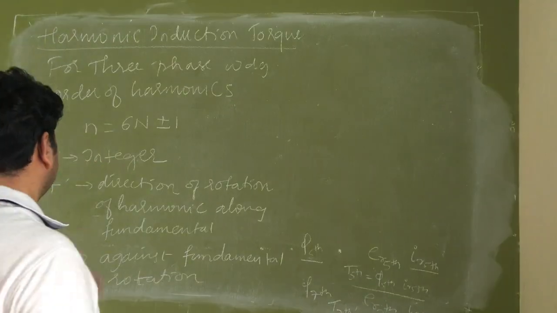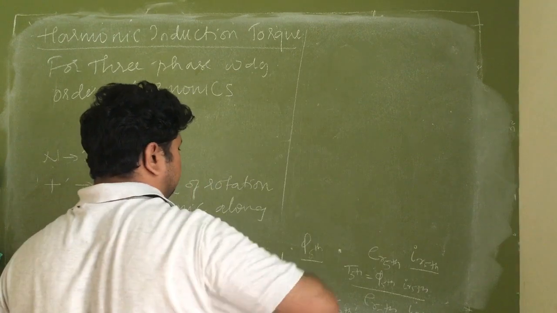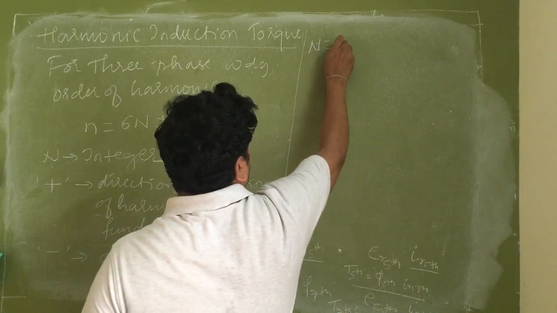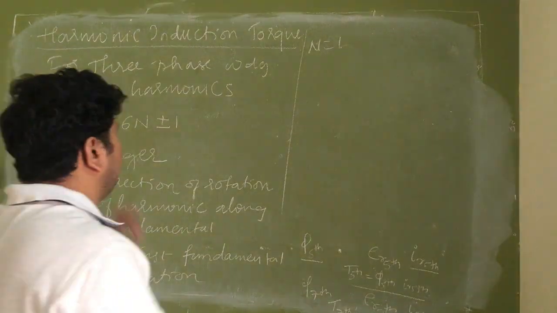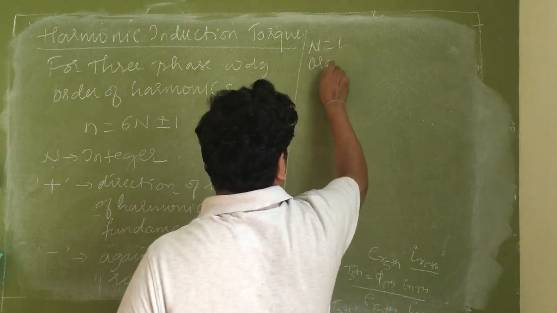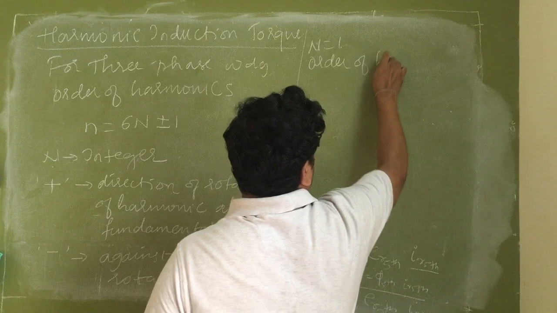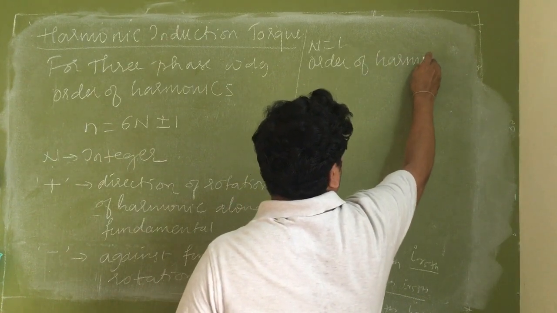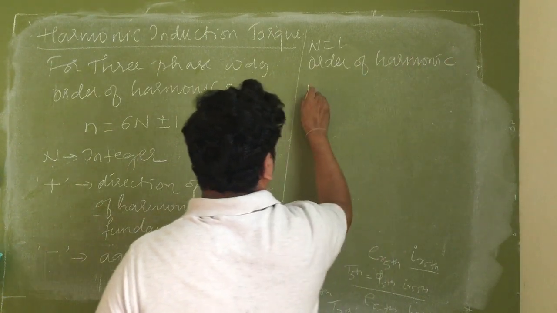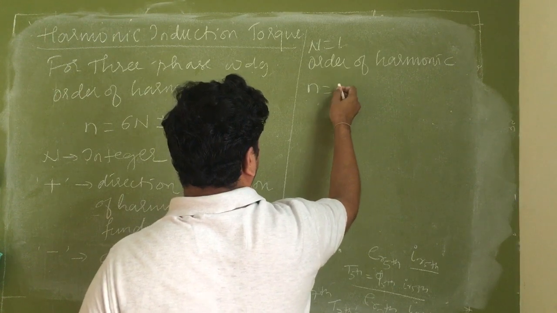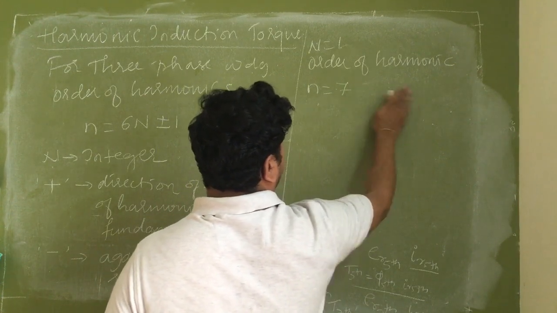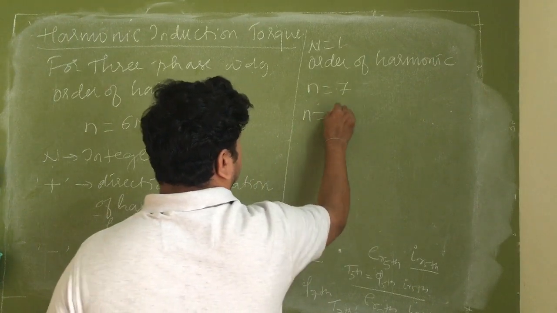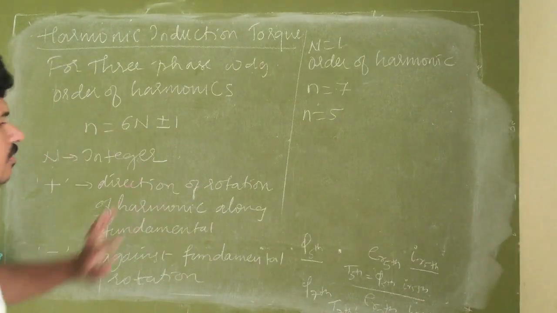Okay. Now, for capital N equals 1, that is an integer, my order of harmonic n equals 7 and n equals 5. It is 6N plus or minus 1.